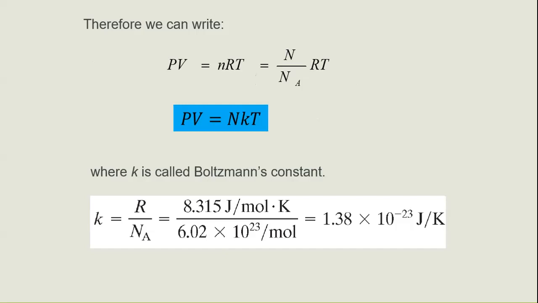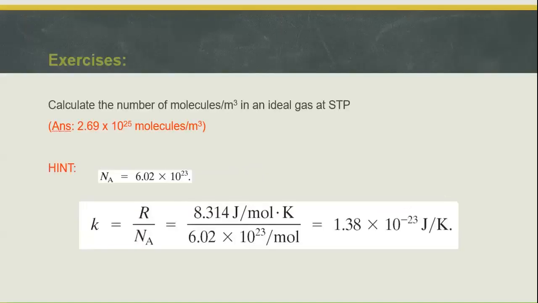It is just k, where k is R divided by NA, and k is the Boltzmann constant, 1.38 times 10 to the power of negative 23. This is just a manipulation of the equation, nothing much here. And last for this subtopic is this exercise.